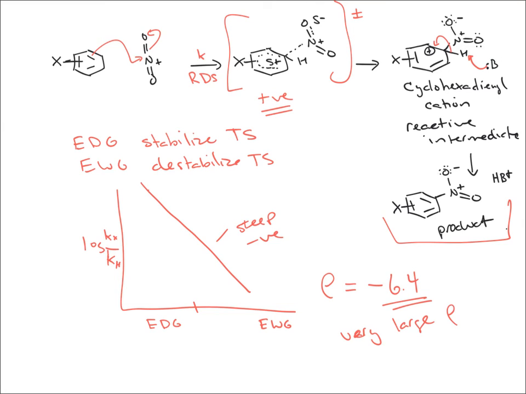And that, of course, is because the substituent is going to be able to interact with the positive charge very significantly, with the electron donating groups speeding up the reaction and electron withdrawing groups slowing down the reaction. And the difference in the rate constants between these two types of substituents will be very significant, and that leads to a large rho value, in this case with a negative sign.